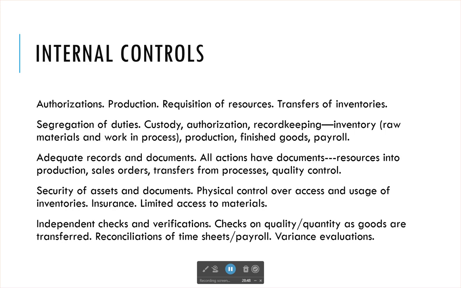But the point of my story here is that you have to have some control over work in process, because individuals working can commit fraud. They can take things with them. It doesn't have to be a finished good. Insurance is helpful. Also, you're thinking about your employees as they are working and protecting those employees on the job. Limited access to the materials, again, is going to provide for greater security.